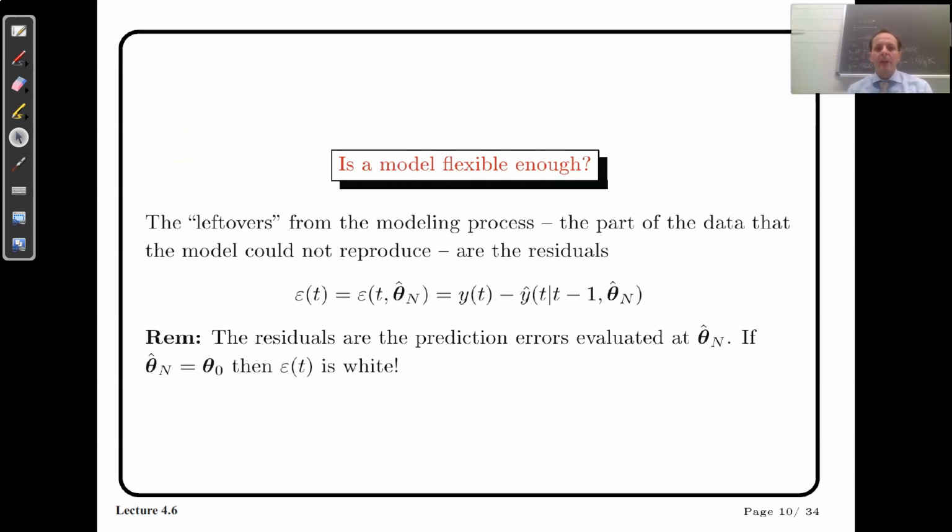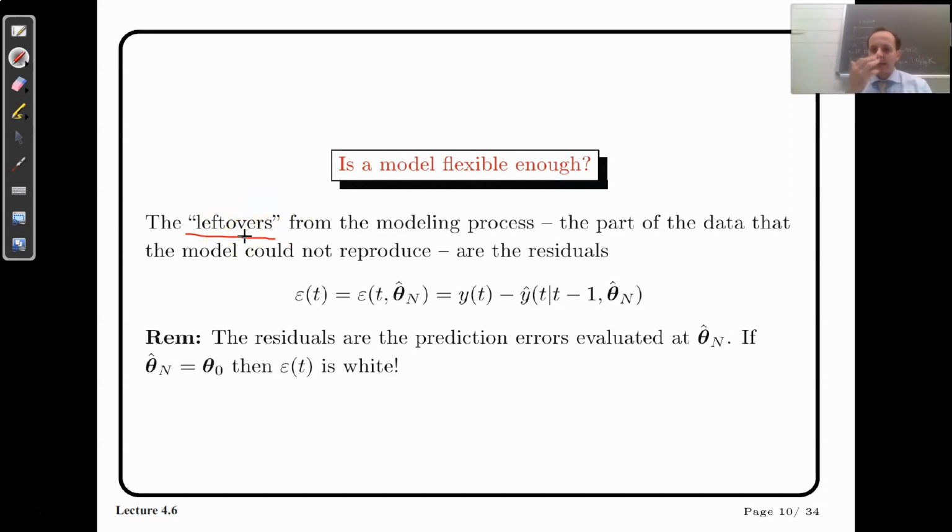For example, is the model flexible enough? Normally the model should be able to describe all the data. And the part that is not properly reproduced or described is defined as leftover.